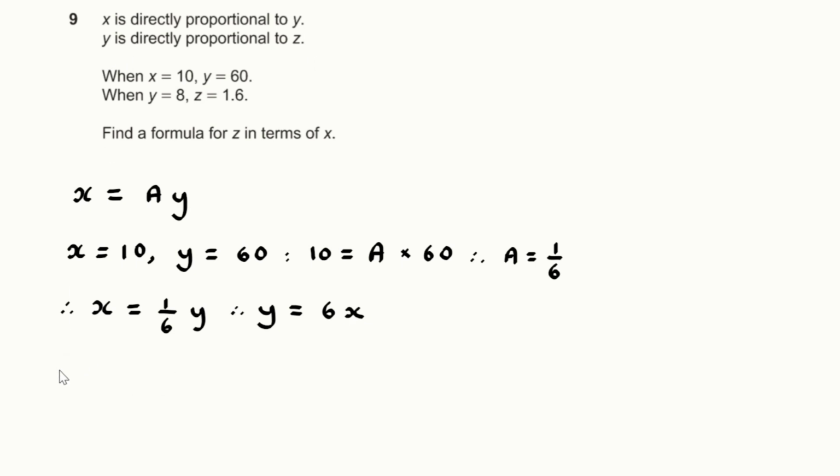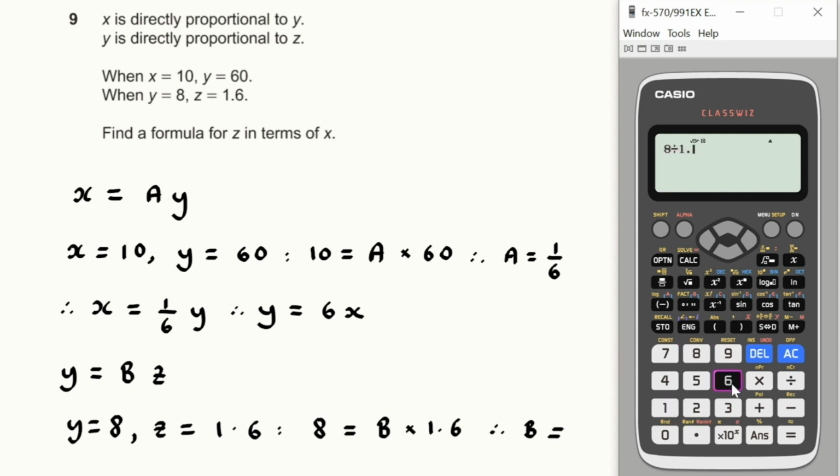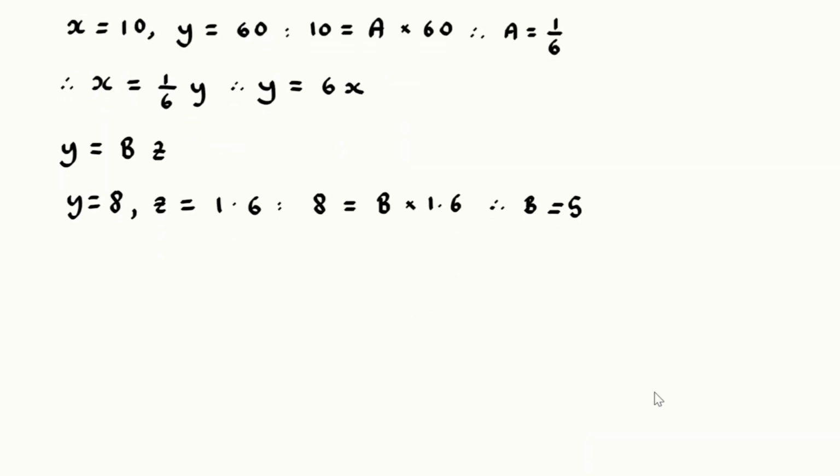We also know y is directly proportional to z, so we've got y equals b times z. We know that when y is 8, then z is 1.6, so I've got 8 equals b times 1.6. So if I find out what b is, 8 divided by 1.6 is 5. And so therefore, I can see y is equal to 5z.